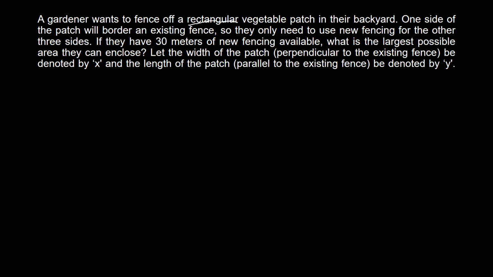So if we are to draw or outline our problem, if this is our rectangular patch, one side of that is already a border on the other fence. So let's say, for example, this is our fence here, or perhaps another patch that might have a fence already existing.